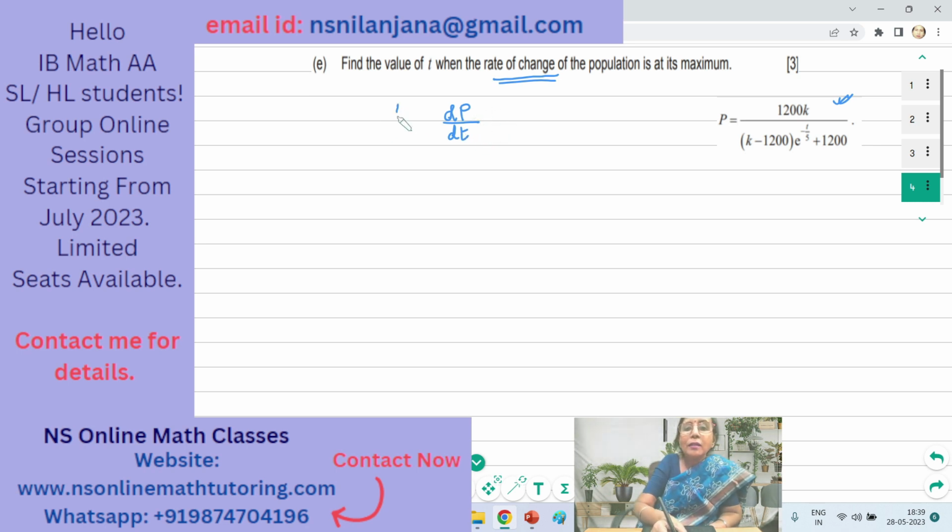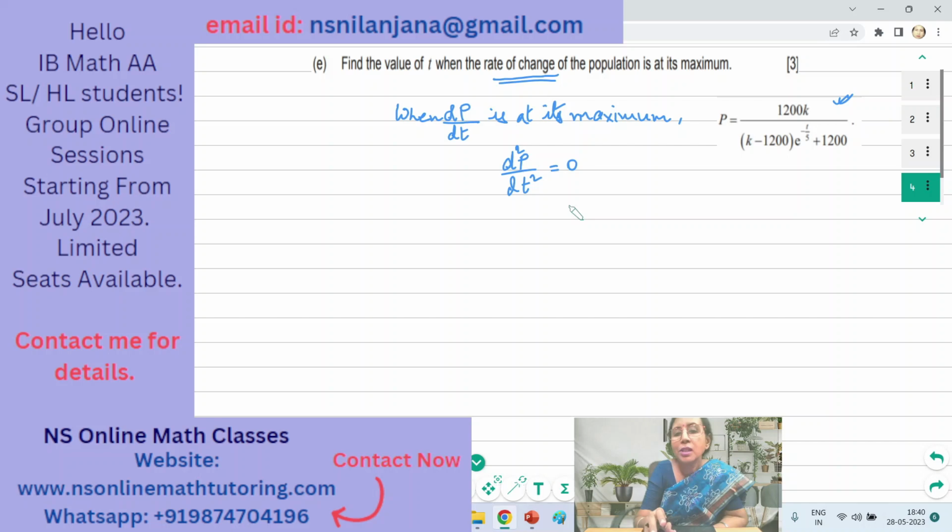So when dP/dt is at its maximum, then its derivative, that will be the second derivative of P, will be equal to 0. So d2P/dt2 is equal to 0.